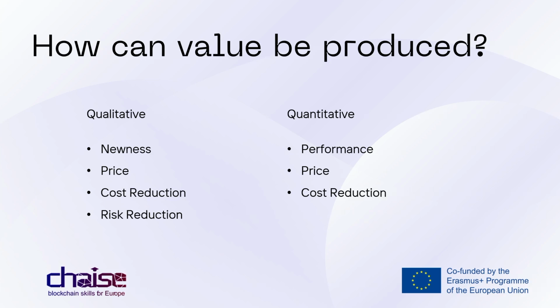In a more quantitative aspect, performance, meaning that it does the job quicker. Instead of 2 days, it's 2 minutes. Price, meaning that it's cheaper. And cost reduction, in that it does help the customer to reduce the cost, is how you create value.